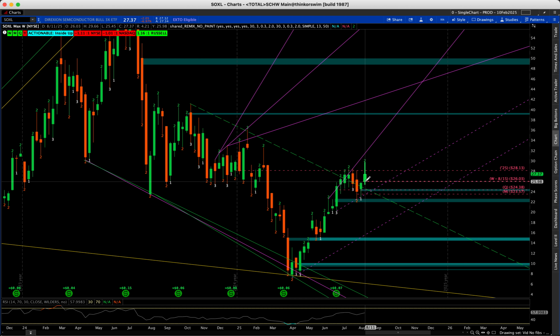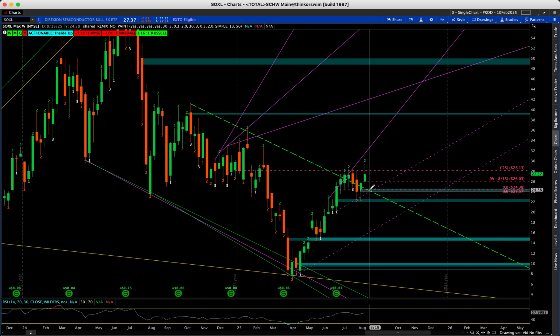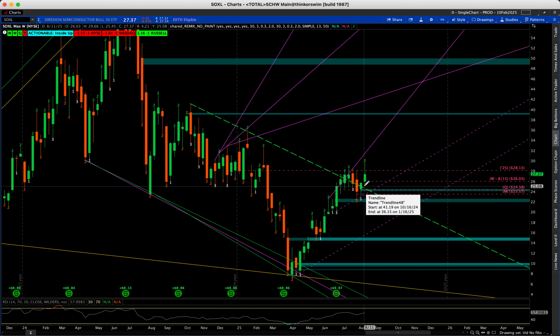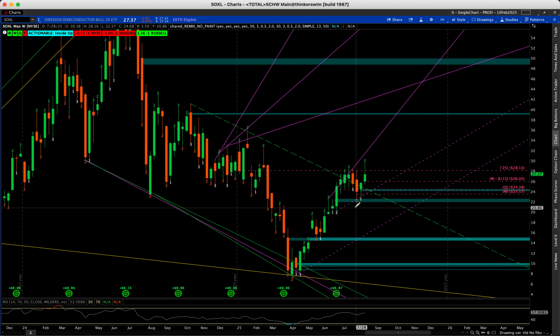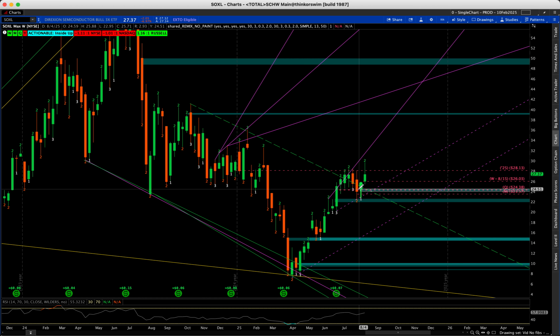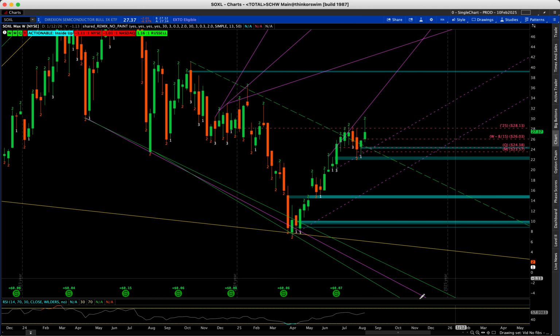Your entry is the low of this 2, right? And the magnitude for a 1-2 up, 2 down is actually the low of the candle to the left of the 1. So a lot of times the candle to the left of the 1 has a low down here. In this case, the low of the 1 and the 2 are basically the same, so it's not that big of a difference.